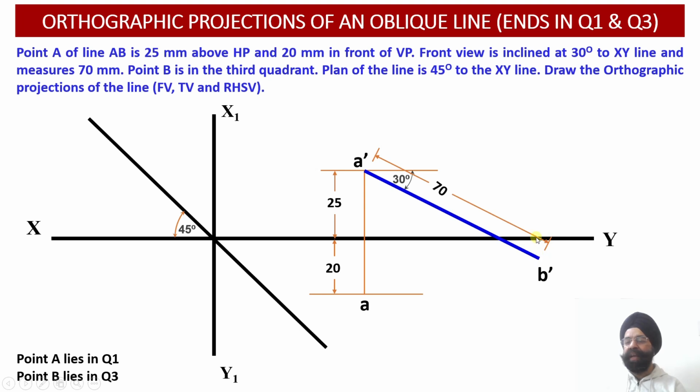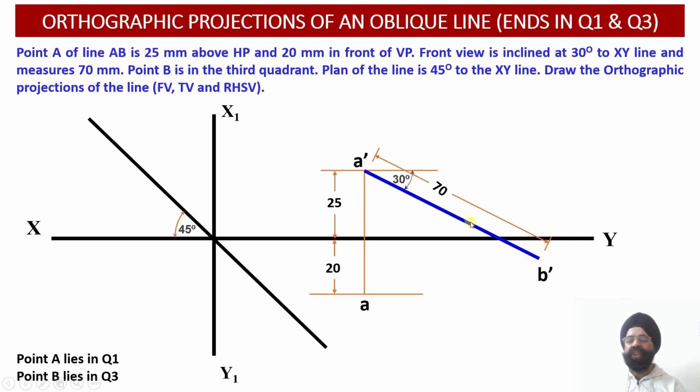This distance we can measure, and we are going to mark it as the distance Y. So this is the distance Y, which is the distance of the end B below the XY reference line. So once we obtain A dash, using this 30 degree inclination of the front view projection measuring 70 millimeter, we have been able to obtain end B dash of this particular line.